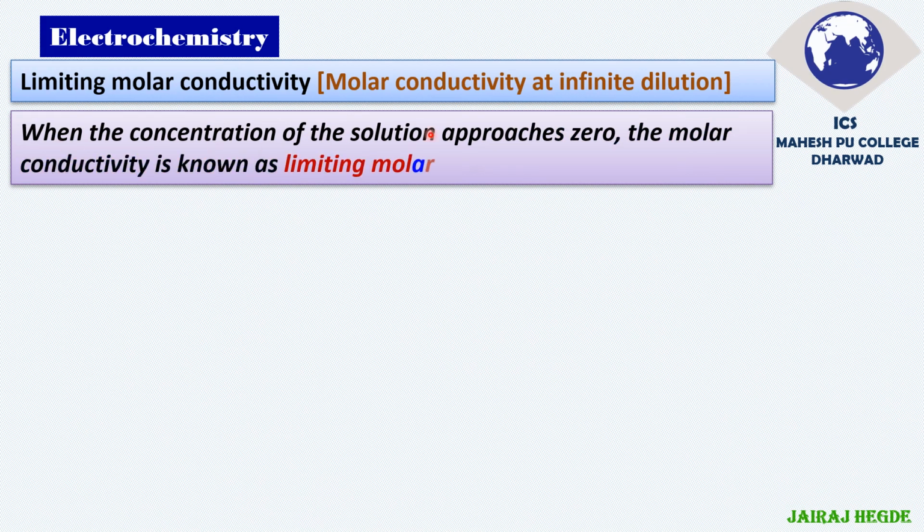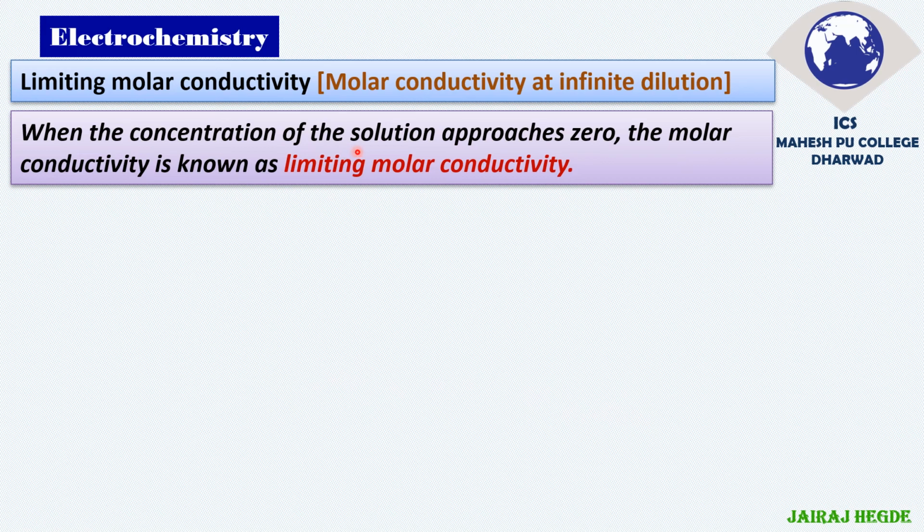When the concentration of solution approaches zero, if we are calculating molar conductivity for 1 mole of electrolyte we have taken, and we start measuring its molar conductivity, we will get different values. If we decrease the concentration, molar conductivity increases.